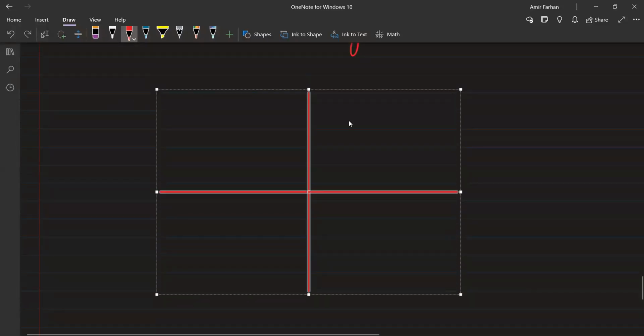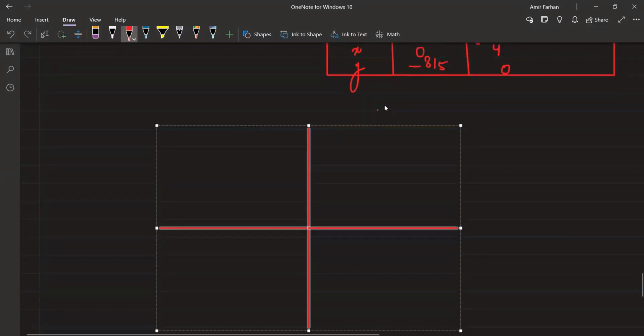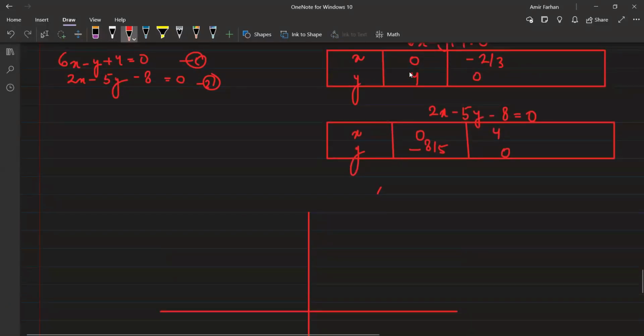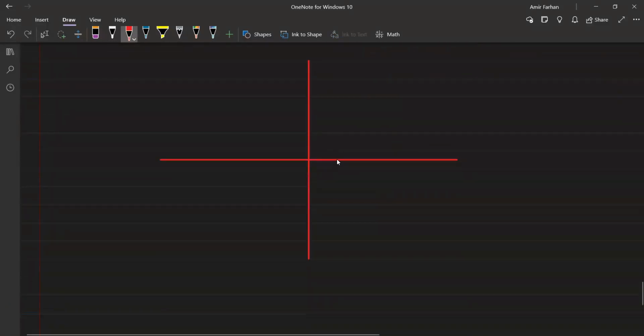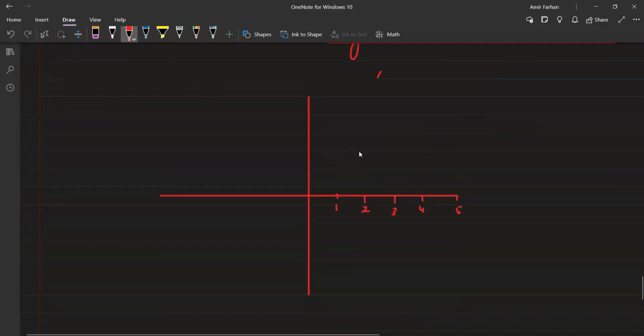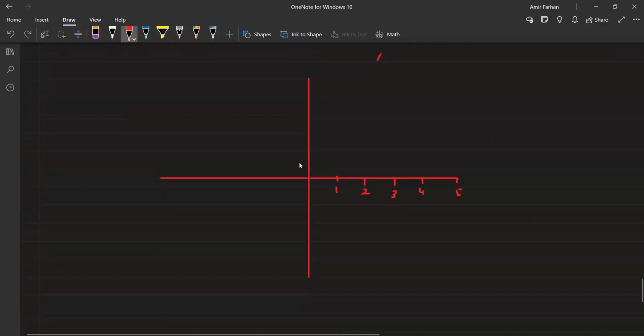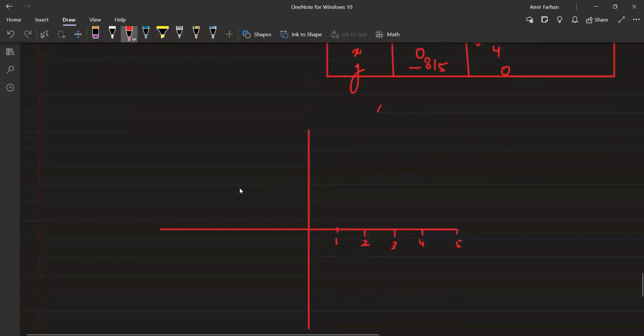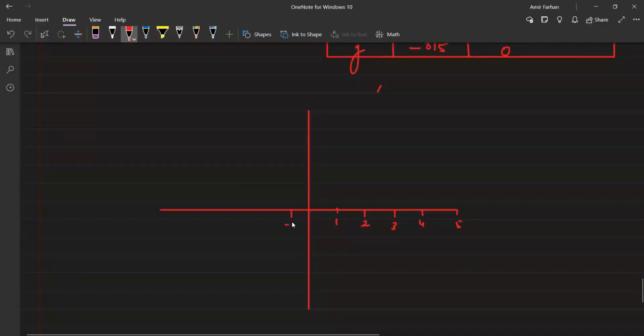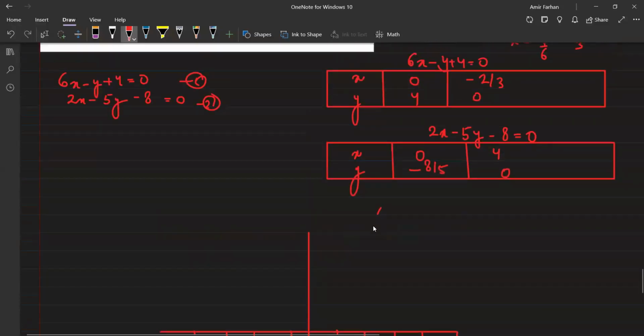Okay, just a second. Let me write down the numbers here: 1, 2, 3, 4, and 5. Here x is negative: minus 1, minus 2, minus 3, minus 4.